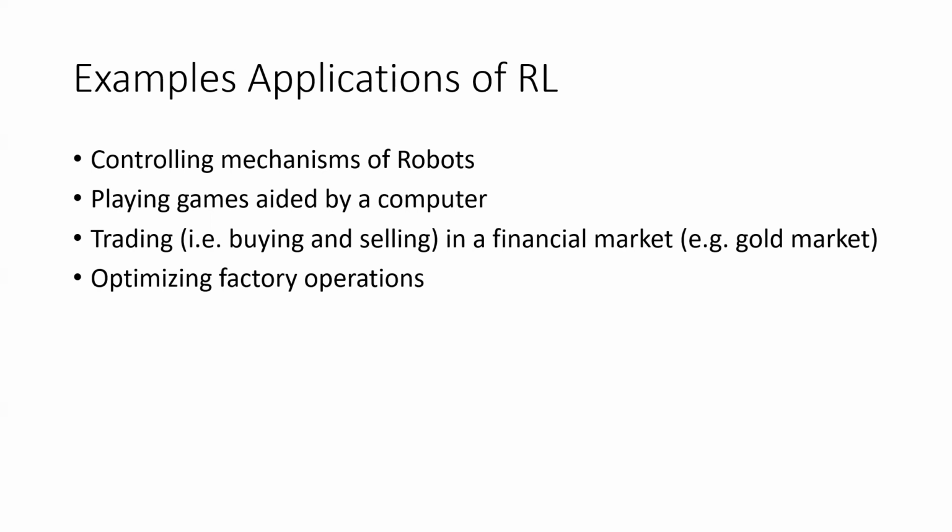With reinforcement learning, with the help of machine learning, you can now train robots that move their hands or their tires or wheels, and do different tasks by interacting with the real physical world. That is one of the main applications of reinforcement learning.